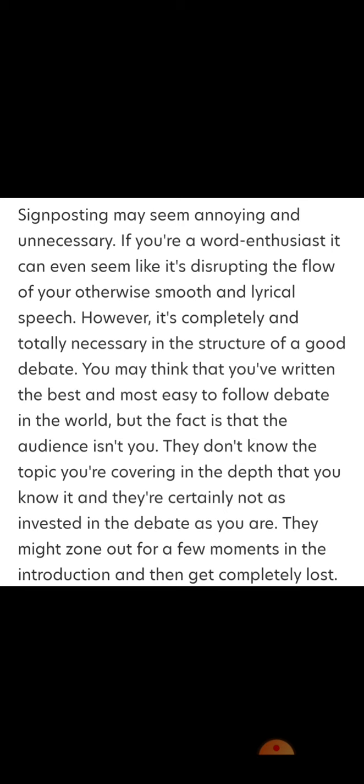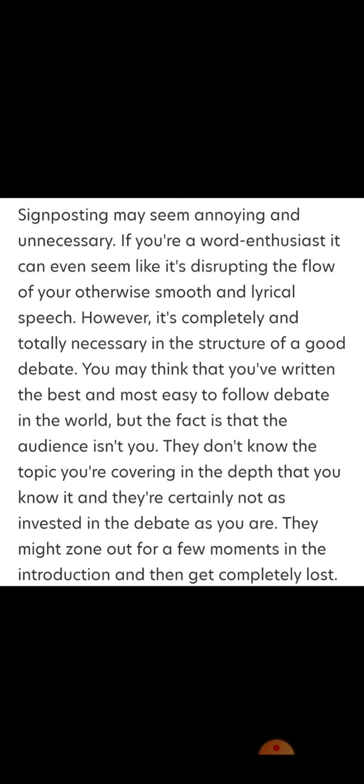So, children, signposting means you have to tell which points from the topic you are going to discuss in your debate or speech. Because if your debate or speech is not directed, then it's not a good debate or speech.